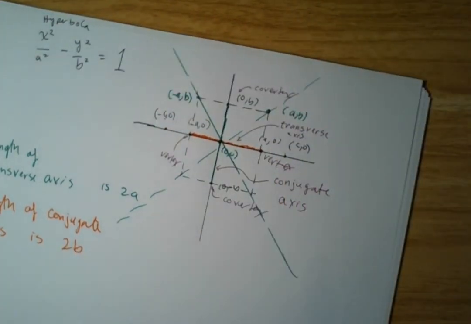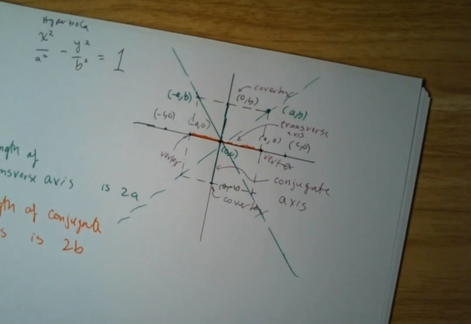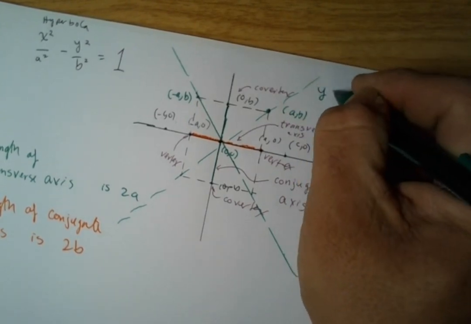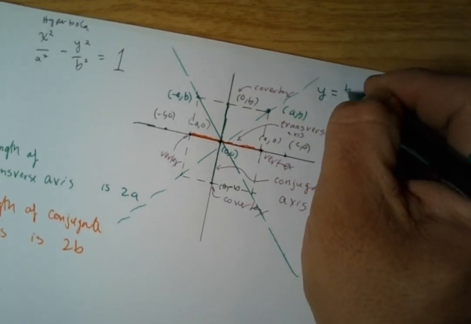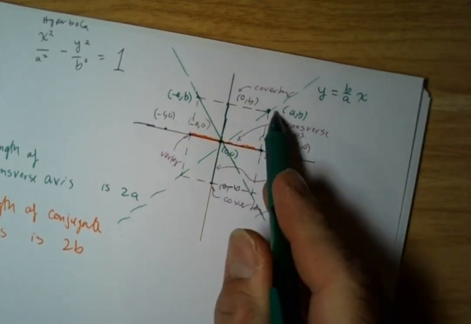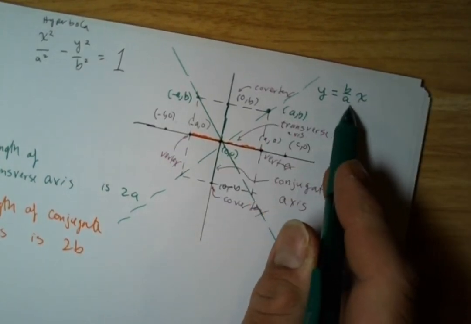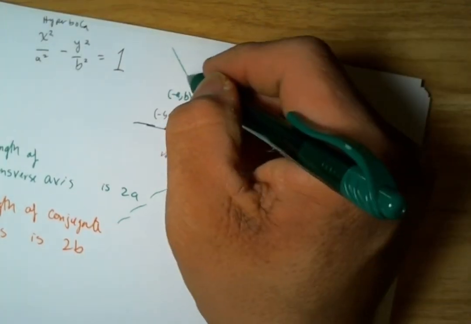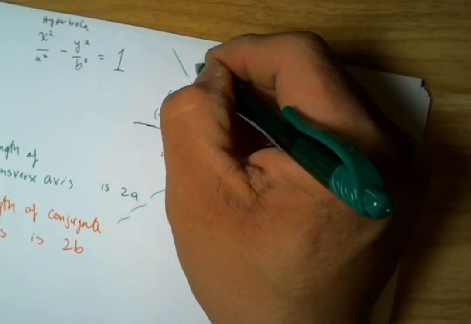It goes through the origin, so you can already see the equations for these: change in y over change in x. From 0, 0 to a and b, so b over a, that's where that comes from. And then this one would be negative.